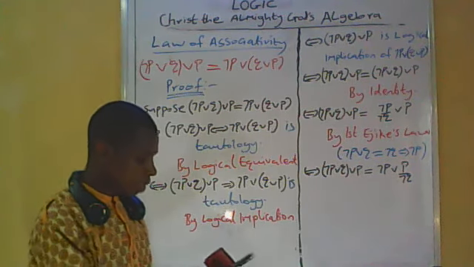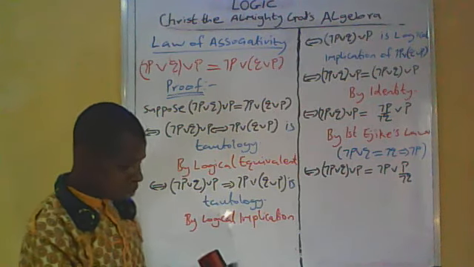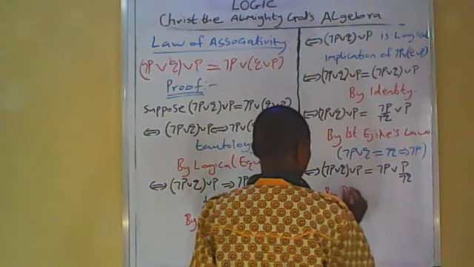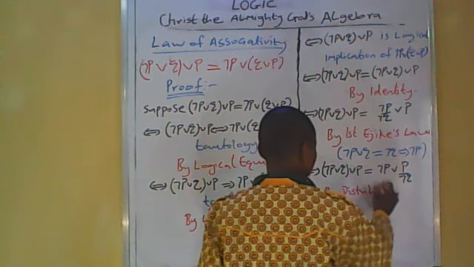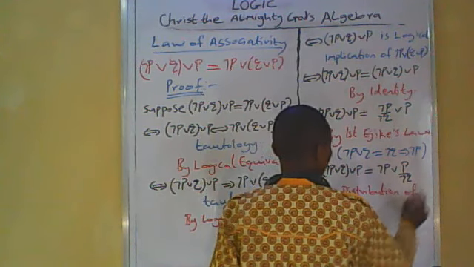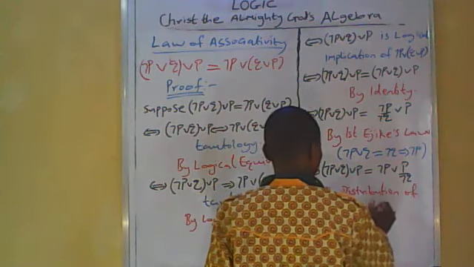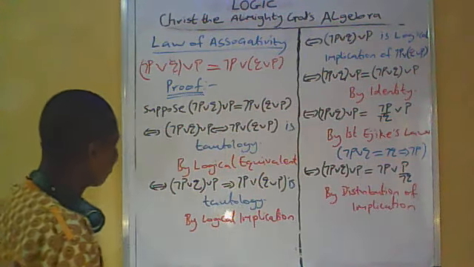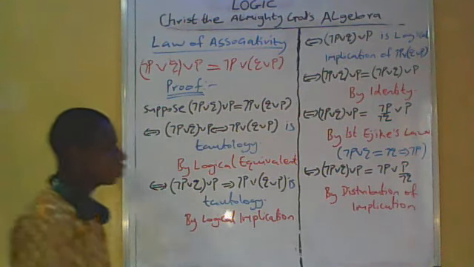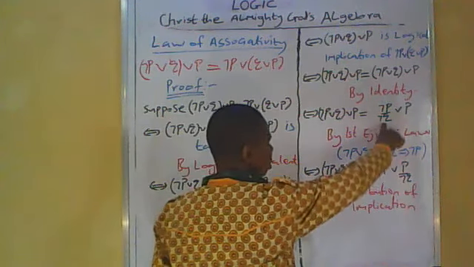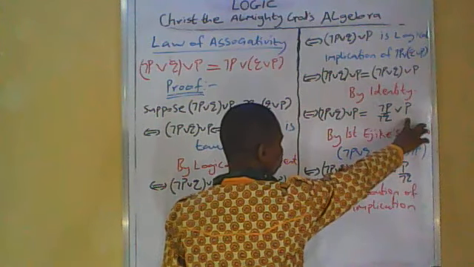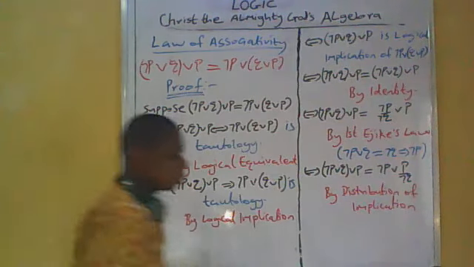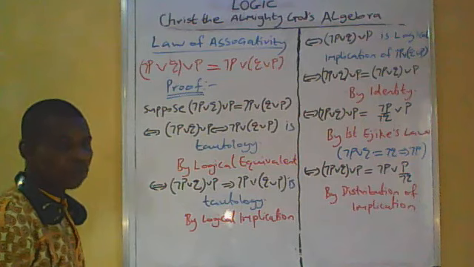So, being justified by distribution of implication, because this implication, not Q, is related to the disjoint P, it becomes P upon not Q, being justified by distribution of implication.